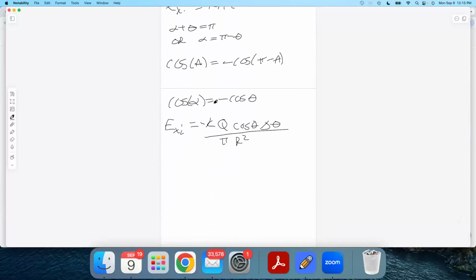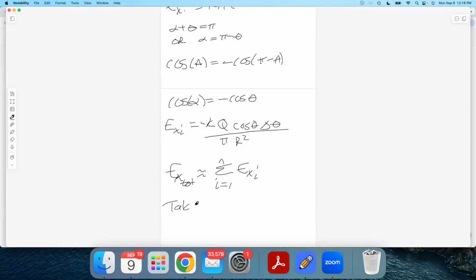Okay, then from there, we build a Riemann sum, we turn that into an integral, and so forth. So then we would say something like E_x total is approximately equal to the sum from i equals 1 to n, where we had broken that arc up into n equal segments, of E_xi. Again, I'm basically doing this problem for you.